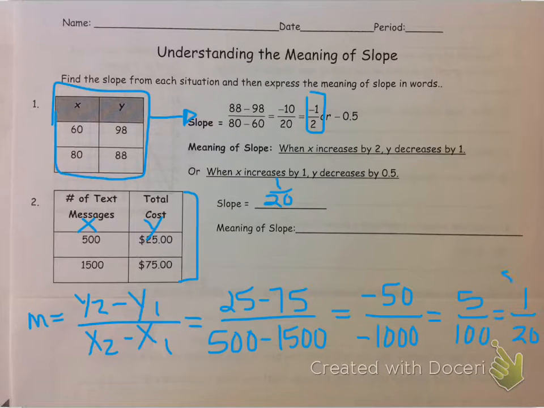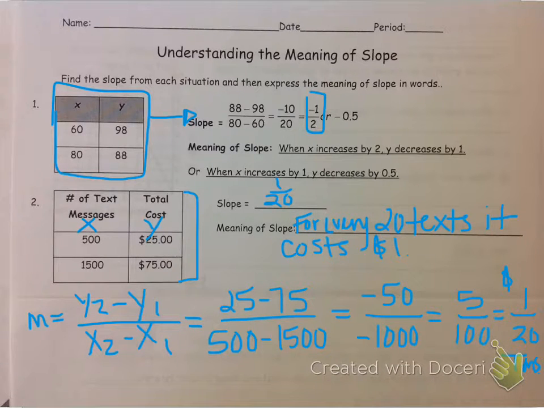So we know that this is money, and we know that the bottom part is text messages. So for every 20 texts, it costs $1.